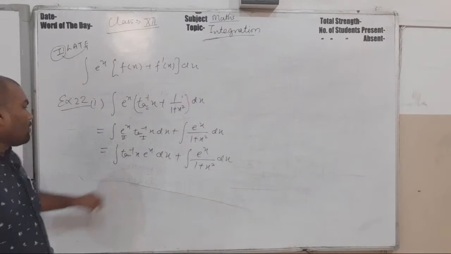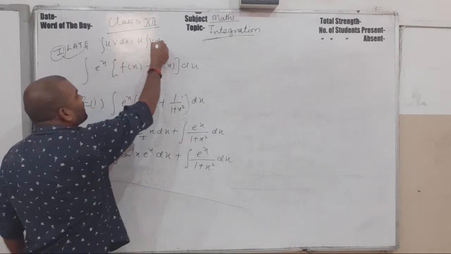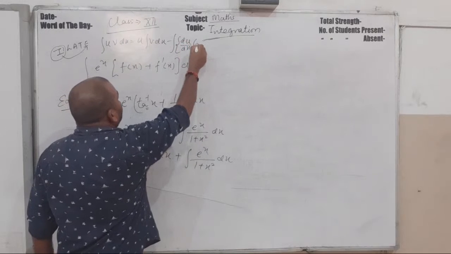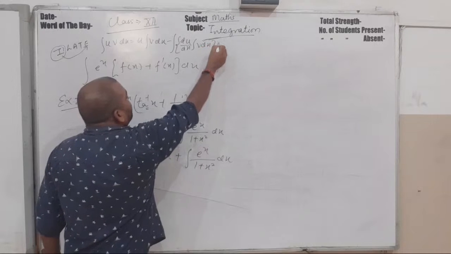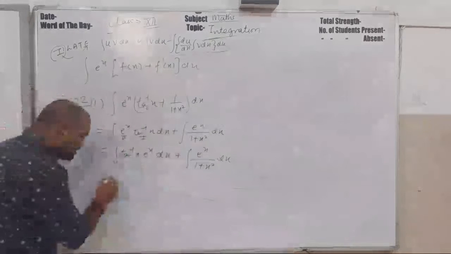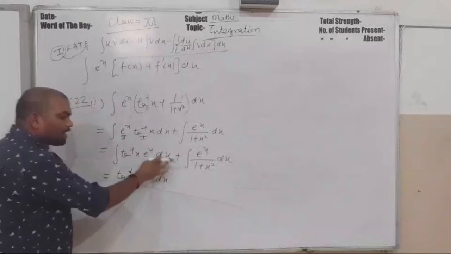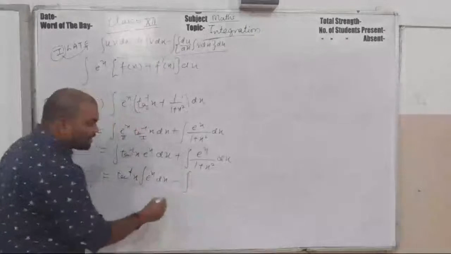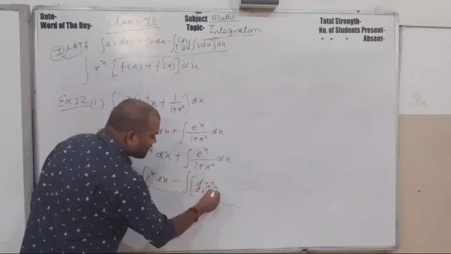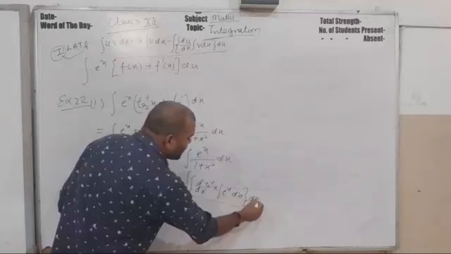Okay. Now using that formula, integral of u v dx is equal to u times integral of v dx minus whole integration of d by dx of the first function into integral of the second function. Okay. So this is the first function. So this comes tan inverse x into integral of second function, that is e to the power x dx, minus whole integral of d by dx of tan inverse x, into integral of second function e to the power x dx, and then whole integral.